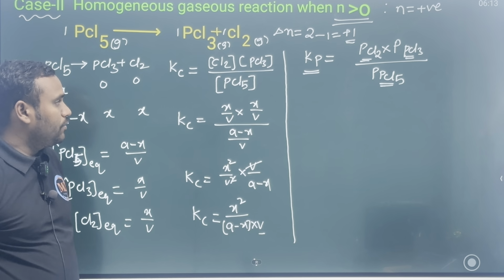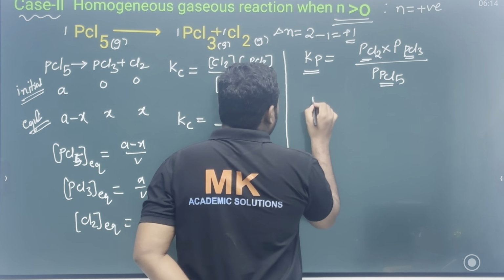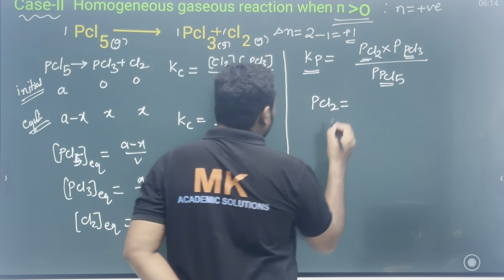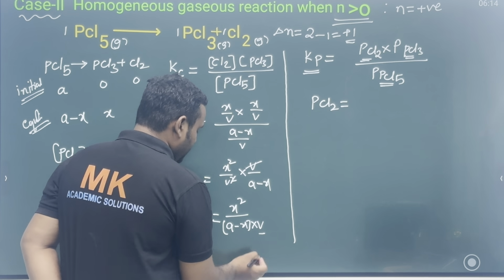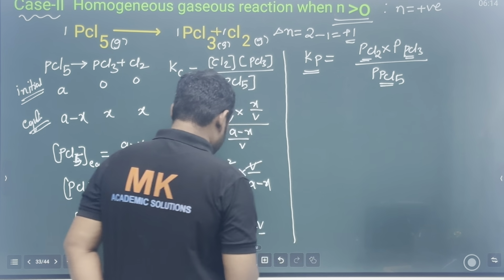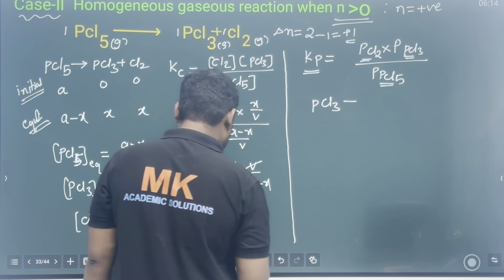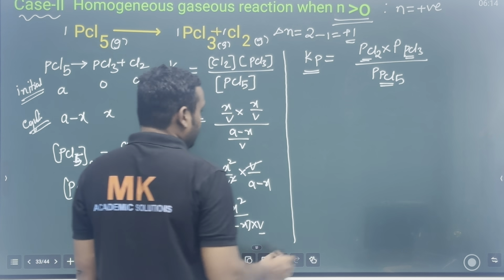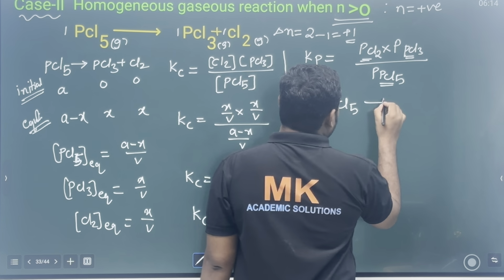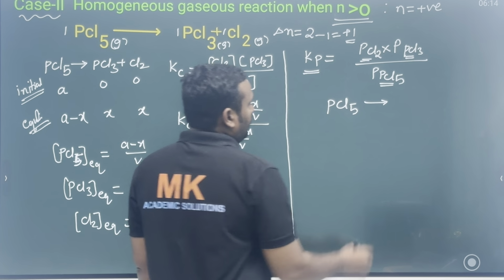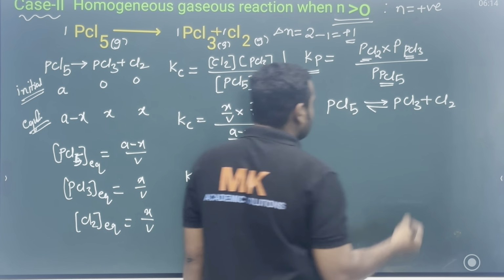So how we are going to find out the partial pressures? Okay, so partial pressure formula is what? Partial pressure of Cl2 is number of moles of Cl2 by total number of moles, which means once again we will take the reaction. PCl5, not PCl3, gives rise to PCl3 plus Cl2.